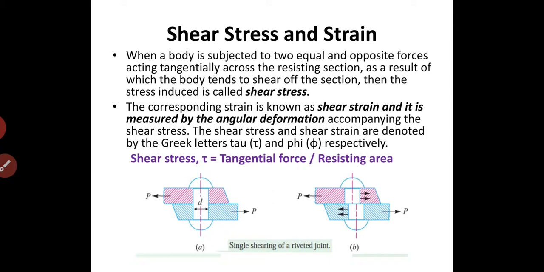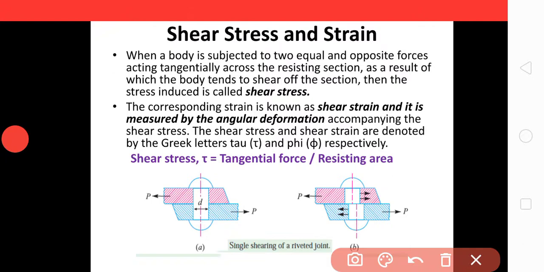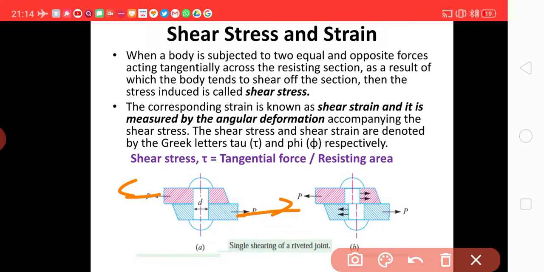Refer to the figure below. There is a rivet, and it is holding two plates, the upper plate and the lower plate. When we pull these plates like this, there will be a stress here, in which the upper part will slide over the lower part as shown in the figure.